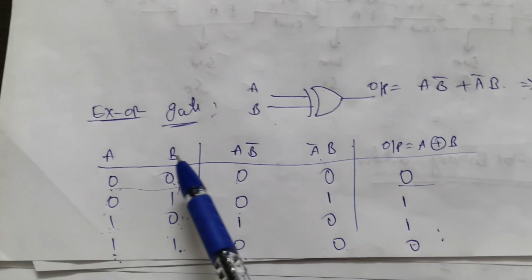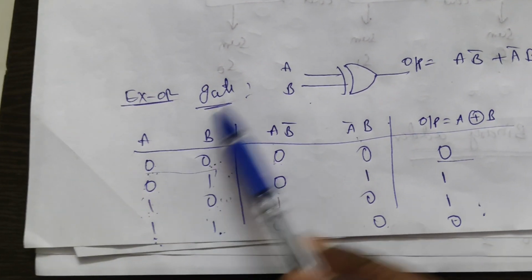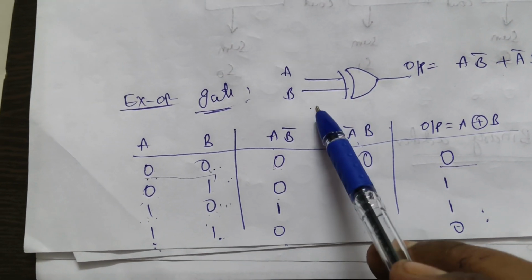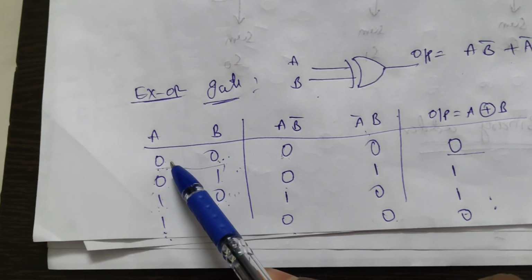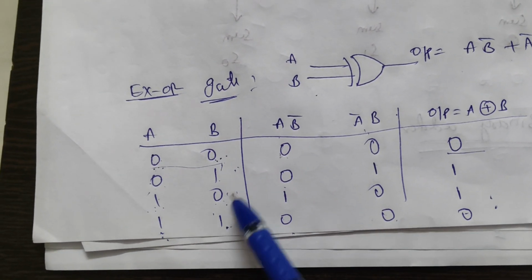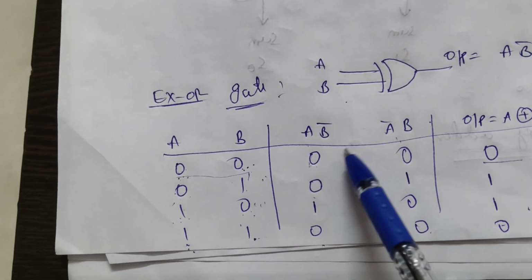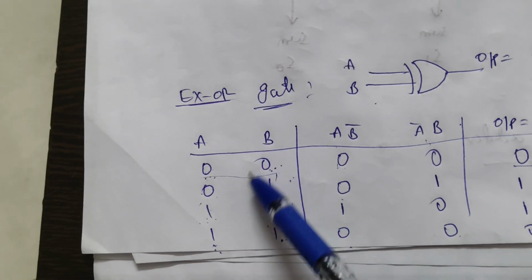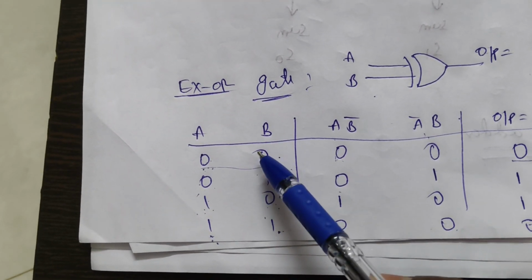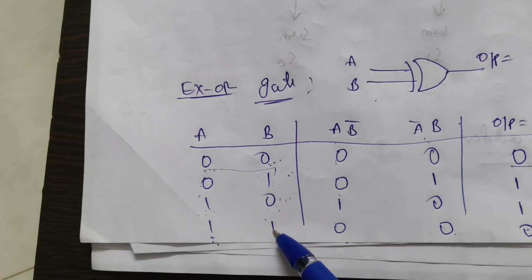First of all, we'll see the basic truth table of an XOR gate. We are taking two inputs, A and B. For two inputs we have four combinations: 0 0, 0 1, 1 0, 1 1. For the term A into B bar, we have to complement the B bit, which becomes 1 0 1 0.